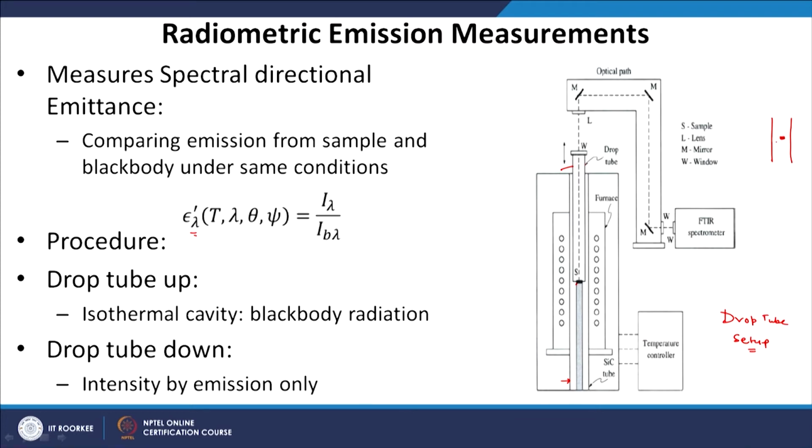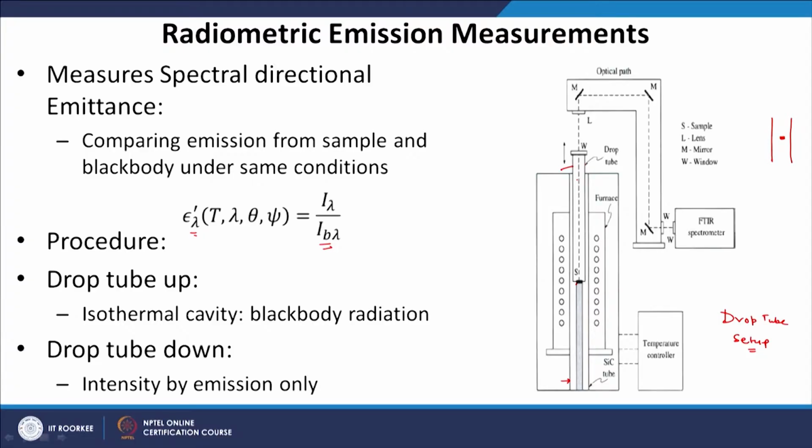We know that when we have an isothermal medium, the radiation coming out of that medium will be equal to black body radiation. So, when the drop tube is up, the sample is surrounded by the silicon carbide tube, and the radiation coming out of this tube will be equal to the emitted radiation as well as reflected radiation, and the intensity will be equal to the black body intensity.